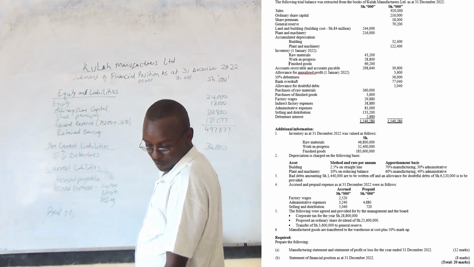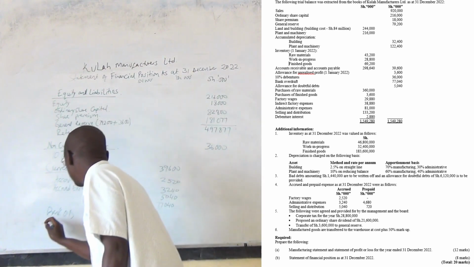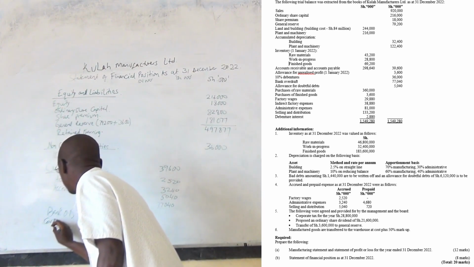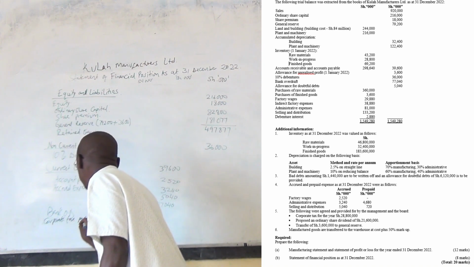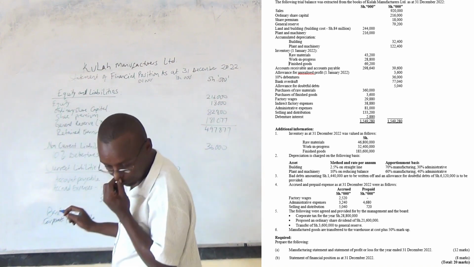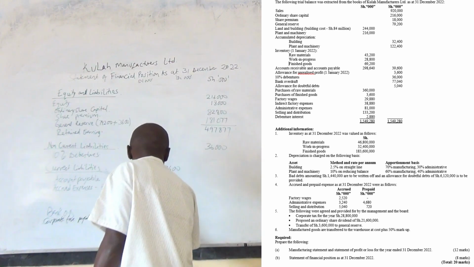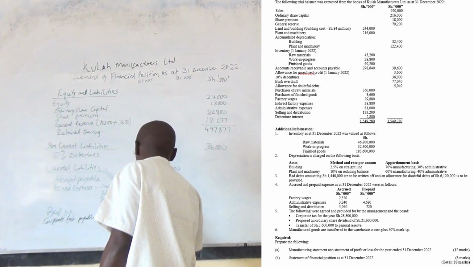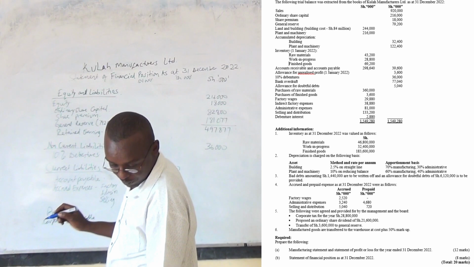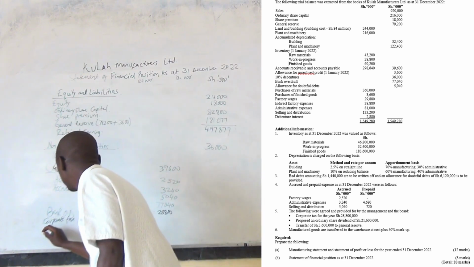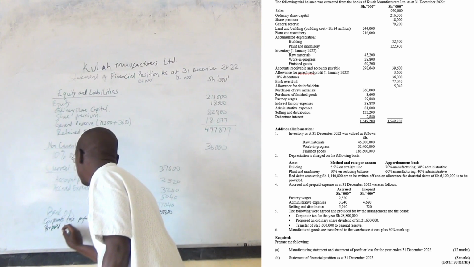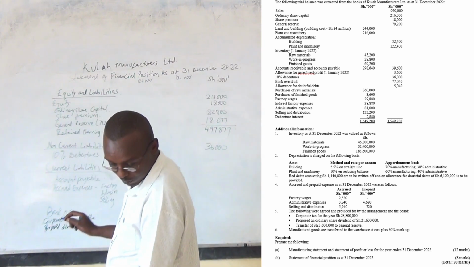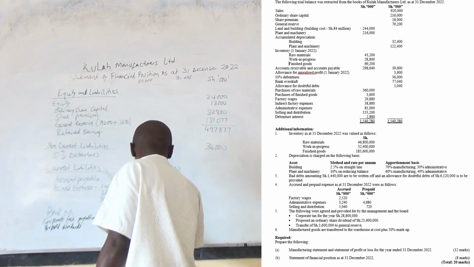There is also corporate tax payable, 28,800. Then we have proposed dividends, 21,600.